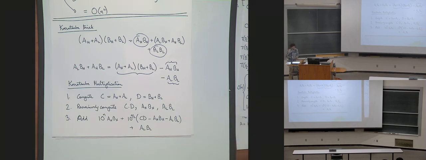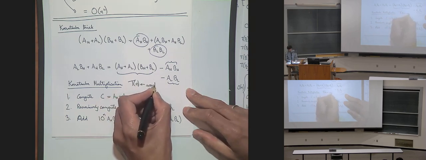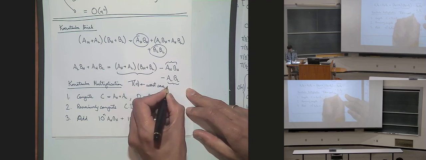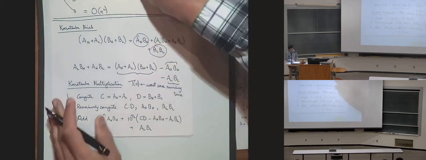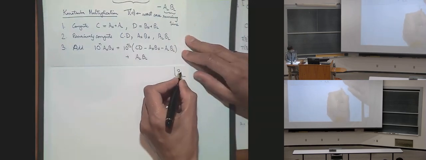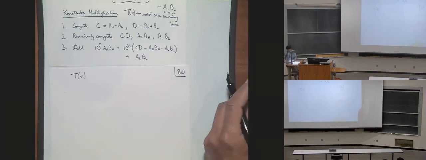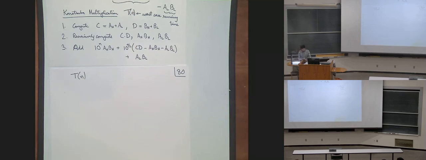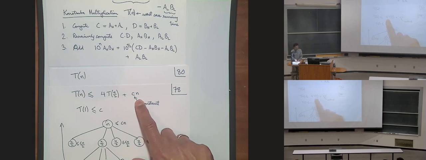So you'll see that if we now write down the recurrence over here, so if T of n is the worst case running time, so remember that before we had this recurrence of T of n is at most 4 times T of n over 2 plus Cn.